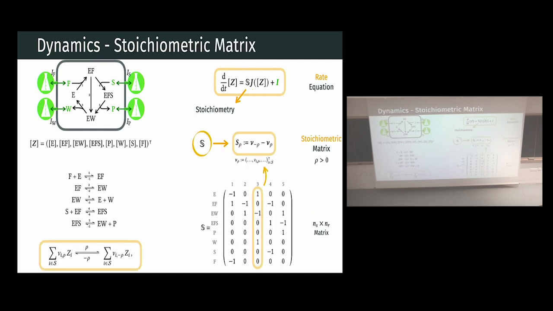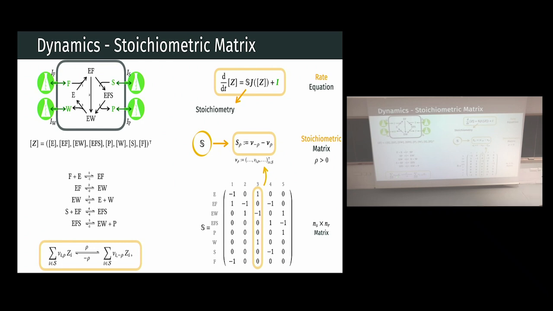So, first term in the rate equation, S. I already mentioned before that S is a matrix. We call it a stoichiometric matrix. Do you see the equation that is written here? Imagine you can write every reaction as a combination of species, Zi, weighted with some coefficients, and those coefficients are the stoichiometric coefficients, right?